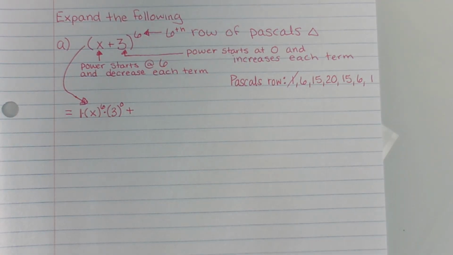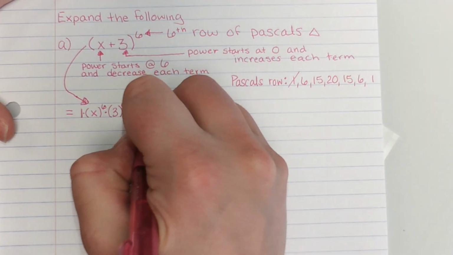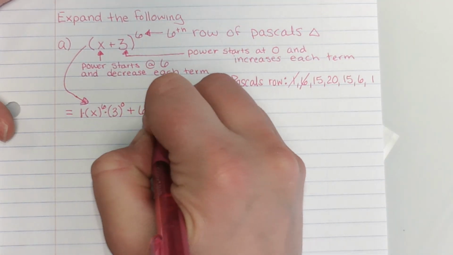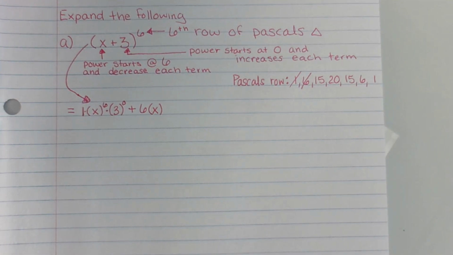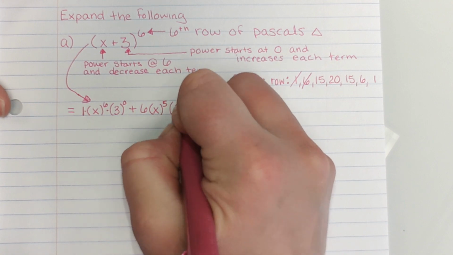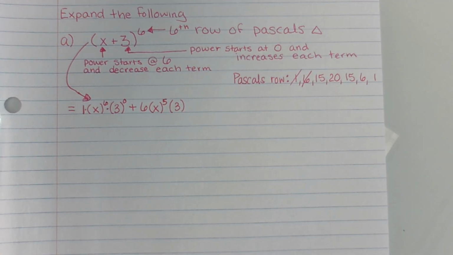After I get all those 3 pieces, I repeat what I'm looking for. The next number from Pascal's row, cross it off so I don't use it again. The first term, its power must now decrease by 1. It was to the power of 6 on the previous problem, now it is to the power of 5. The second term, the 3 in this case, its power is going to increase.